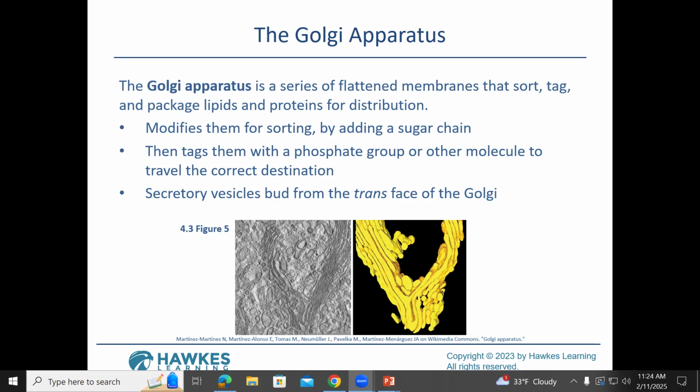It modifies them for sorting by adding a sugar chain. Then it tags them with a phosphate group or other molecules to travel to the correct destination. The secretory vesicles bud from the trans face of the Golgi body.